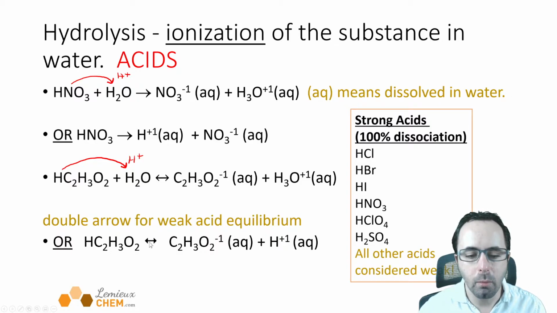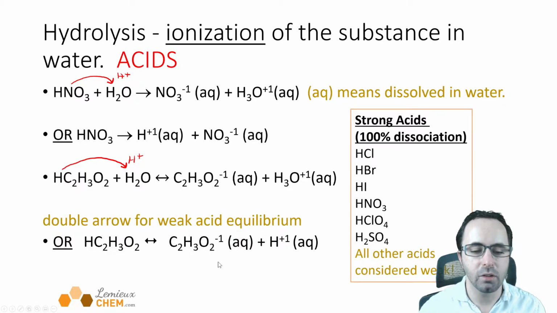So we have a double arrow here because once the reaction has gone as far as it's going to go, we still have some reactant left, and we also have some of these products, the H plus 1 ion and the acetate ion. And so since you have some of both, we know that this reaction is going both ways. It's keeping some of the reactant, but also making some product.